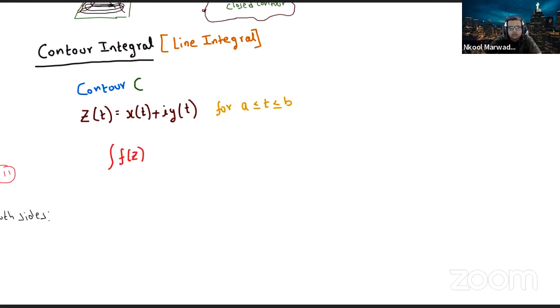So this will be the line integral or contour integral. Now let us see how to calculate this, the basic idea.